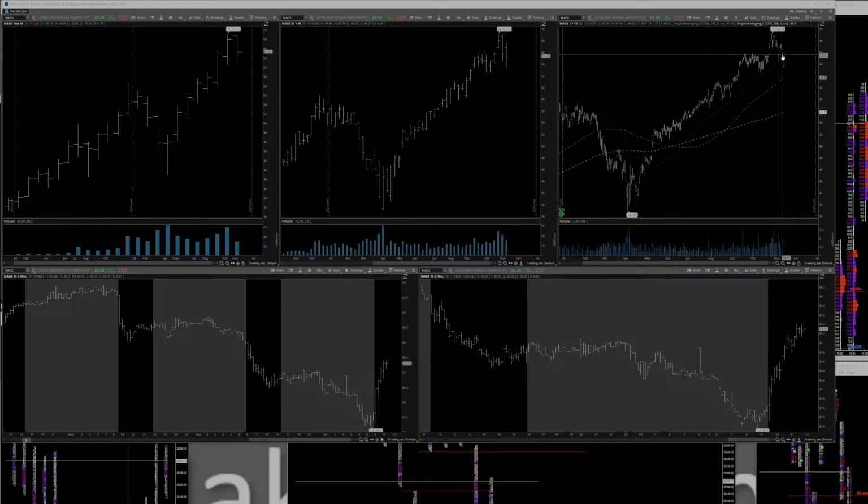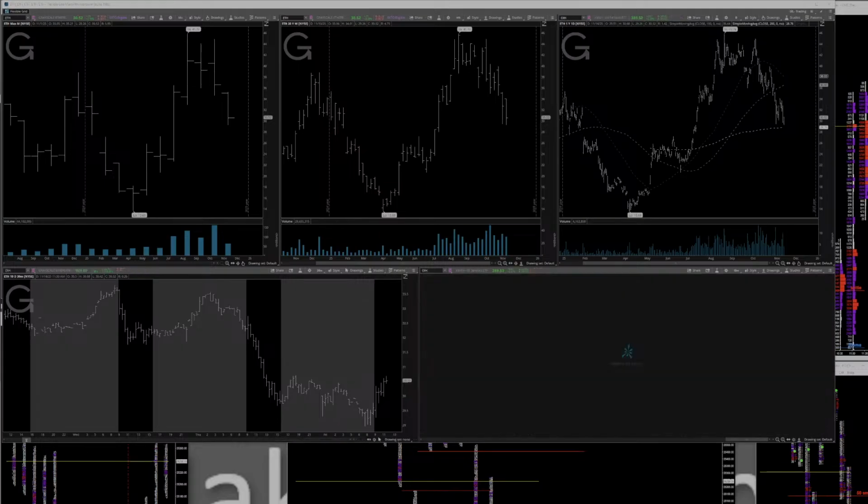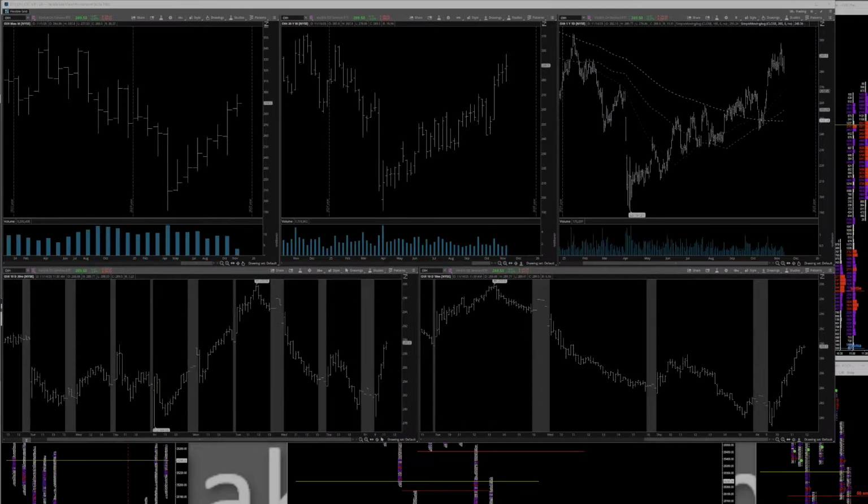I want to see if it has higher volume, if it can recover this last day here. Bitcoin's being killed. What is this? Don't know what the heck that is.